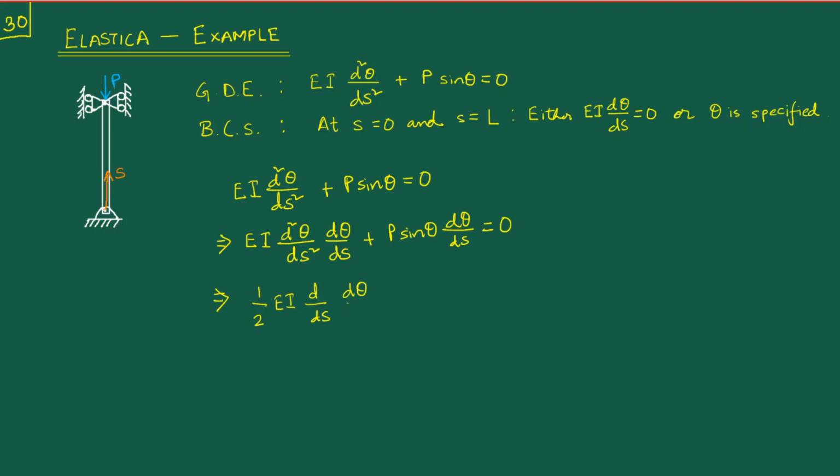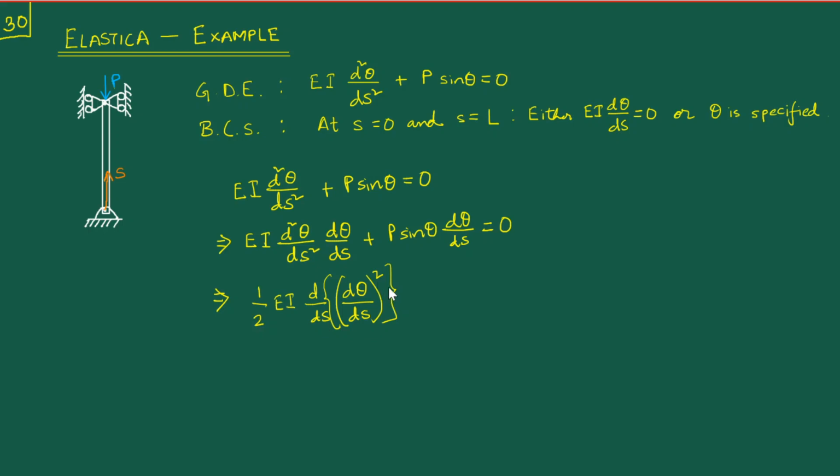Take a moment to appreciate the beauty of what we just did. What was present as a second order term, we have now represented in this form, d/ds of (d theta/ds) whole squared. So this is the derivative over this entire thing, and if you simplify this, you will get back the original term.